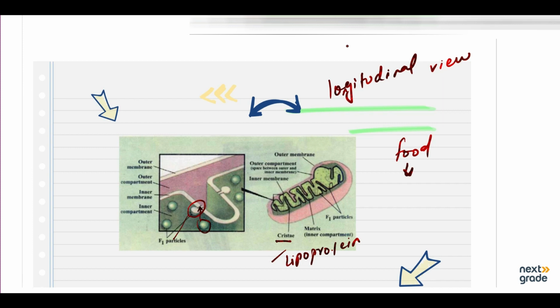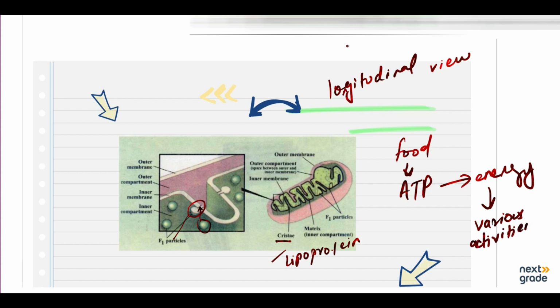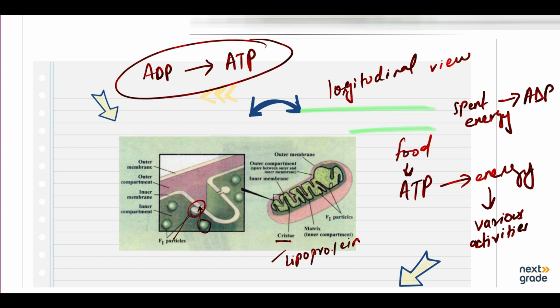And then convert it into the form of ATP. ATP is energy, right? And that energy is then used by the cell in various activities. The spent energy, which we also call ADP, is regenerated by the mitochondria into ATP. Because of this property, when ADP is converted into ATP, mitochondria are called the powerhouse of the cell, right?